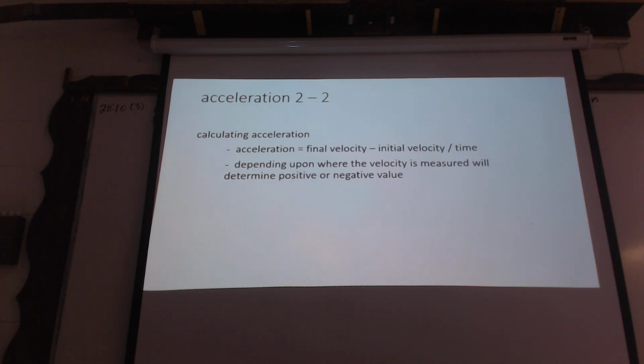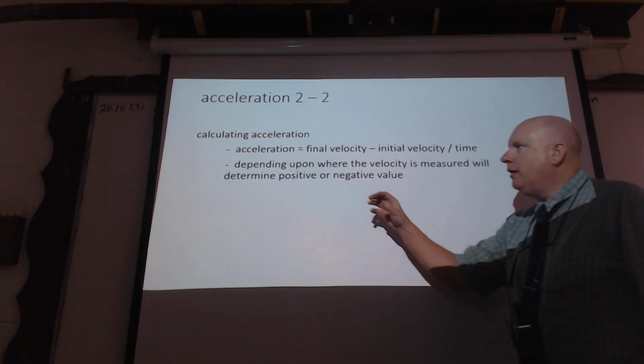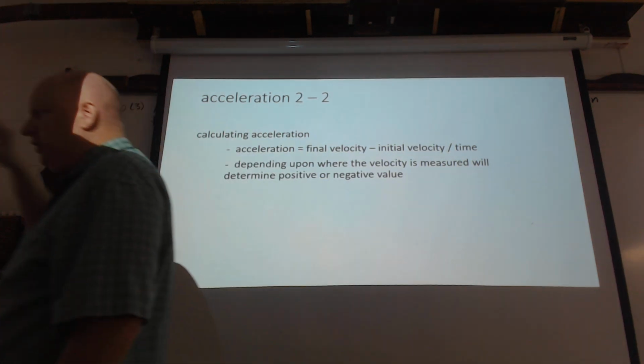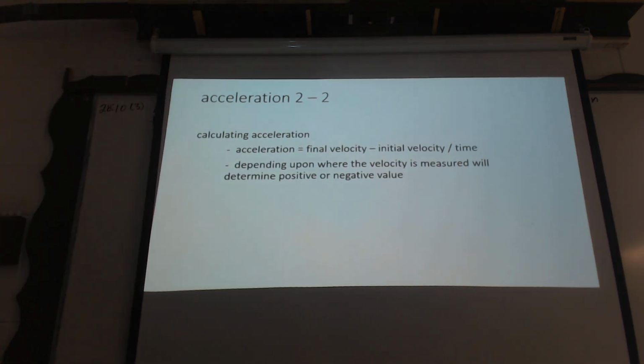Accelerations are meters per second squared, which means velocities must be measured in just meters per second. That's right. Okay? So of your velocity and your acceleration, which one can have a negative value, or is it both, or neither? Is there a negative acceleration?